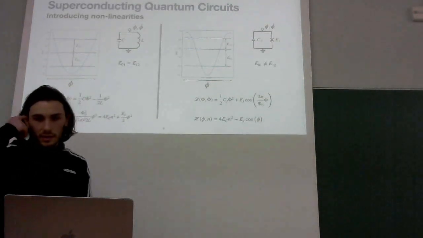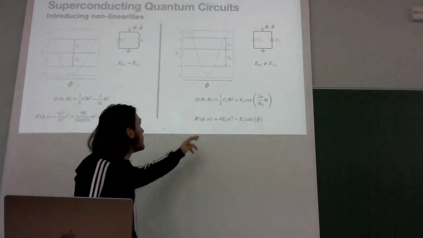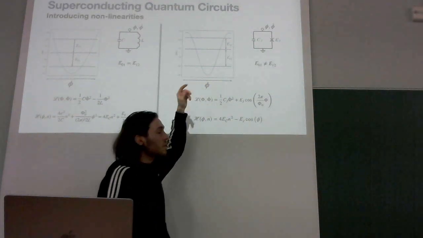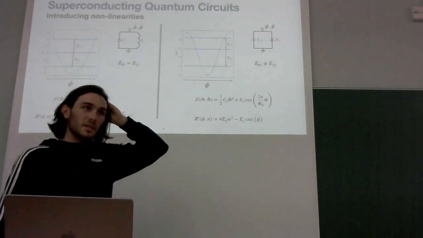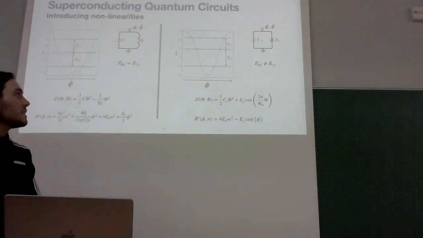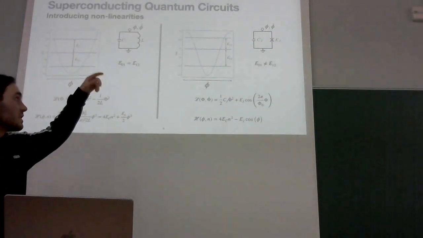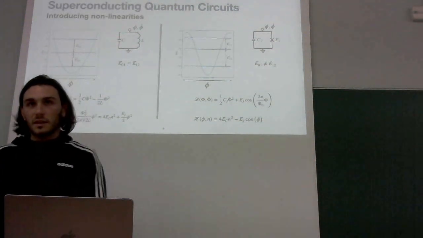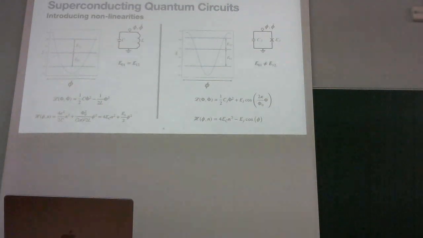When we then compute the spectrum and represent the potential, we can see that now there's no equal spacing between levels. There exists an anharmonicity between the first transition and the second one, and we can exploit that. This is what is exploited to perform quantum computation.